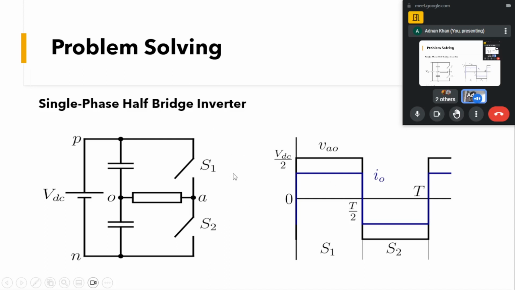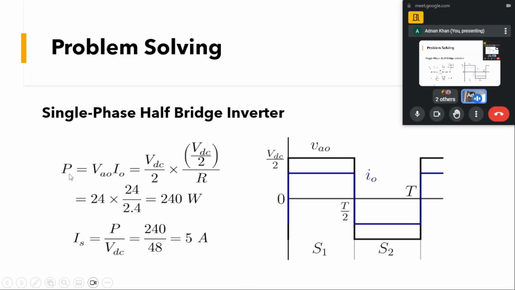So if we calculate the output power and equate it with the input power, because we have the input voltage, we can get the input current. To calculate the output power, if we know the output voltage we can calculate the output current, that will be the peak of the output voltage divided by R.